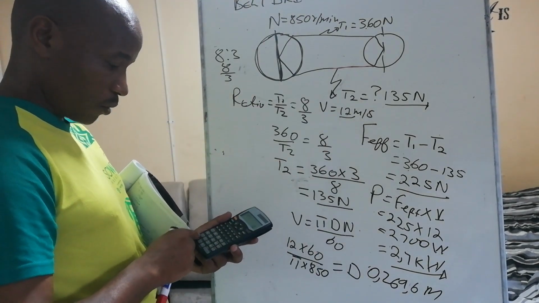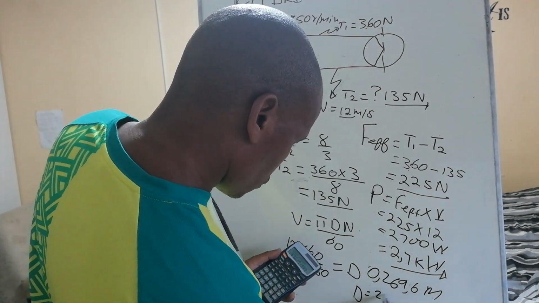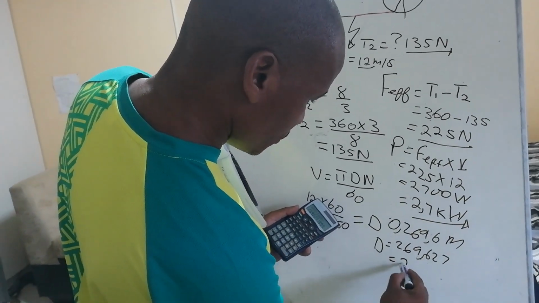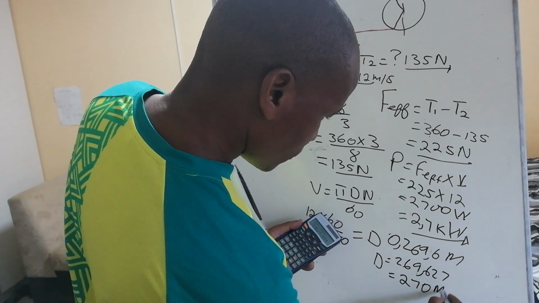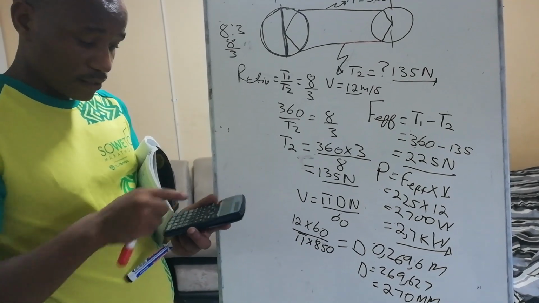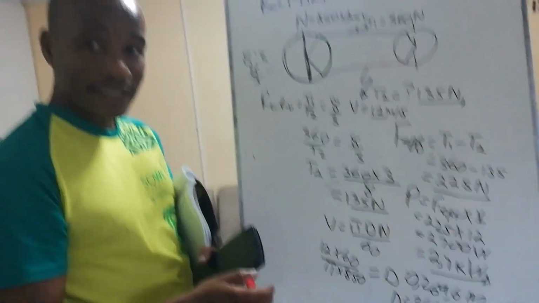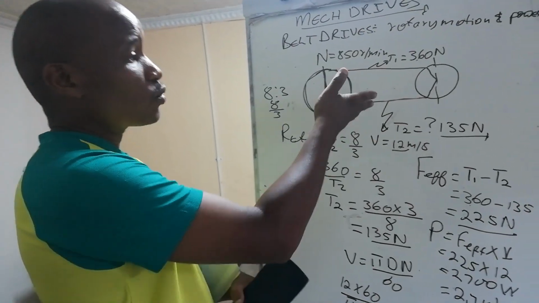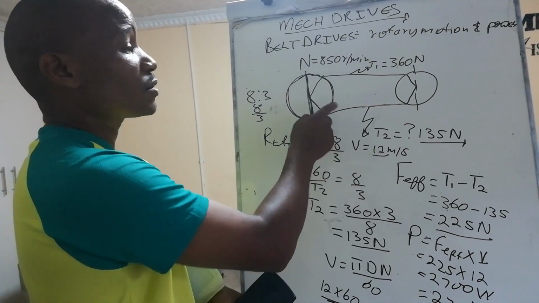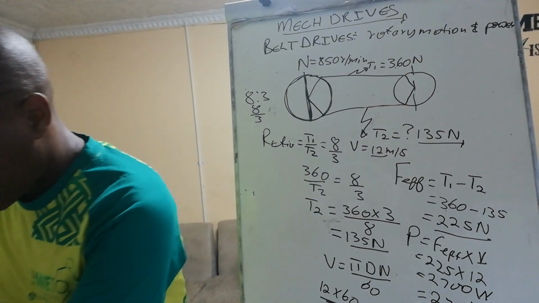We multiply by 1000, so the diameter is 269.627, and the whole number there will be 270 millimeters. So basically that's what is needed there. This question is worth 10 marks. It looks easy because most of the things were given.